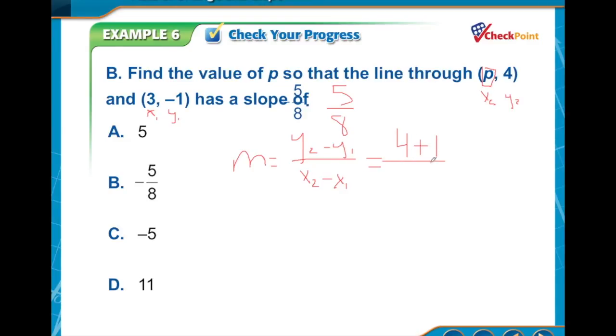Now we do x2, which is p, minus x1 is 3. And what does m equal? Well, we said m equals 5/8. So this whole thing has to equal 5/8.